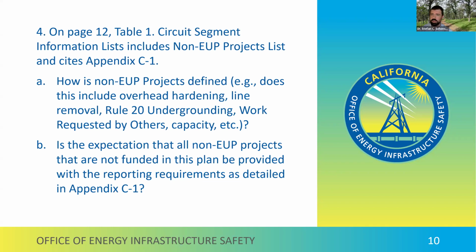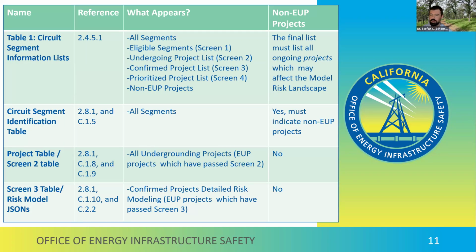If we could do next slide, please, to try to just show what information goes where. So in table 1, this circuit segment information list, this is detailed in 2451. This asks for 6 different lists, one list that is all segments, one eligible circuit segments, and so on and so forth for the 4 screens.